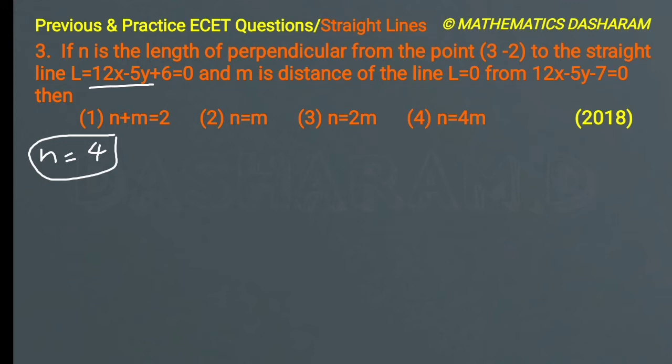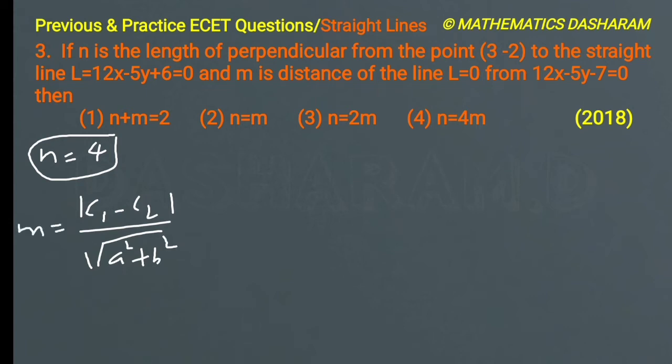So indirectly, we use the distance between parallel lines formula. That is mod c1 minus c2 divided by under root a square plus b square, and as per the question this distance is denoted with a small m. So mod c1 means the constant number 6, minus c2 means the other constant number minus 7, divided by under root a square plus b square.